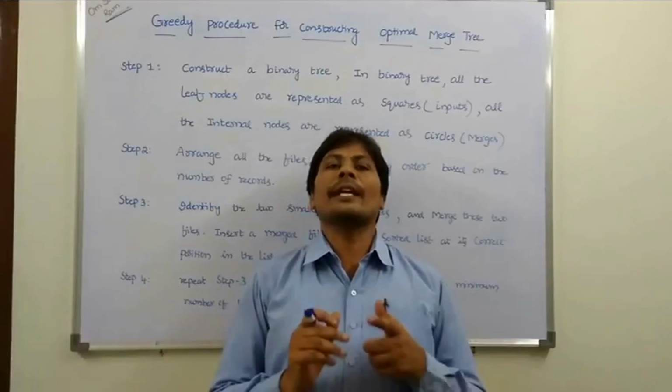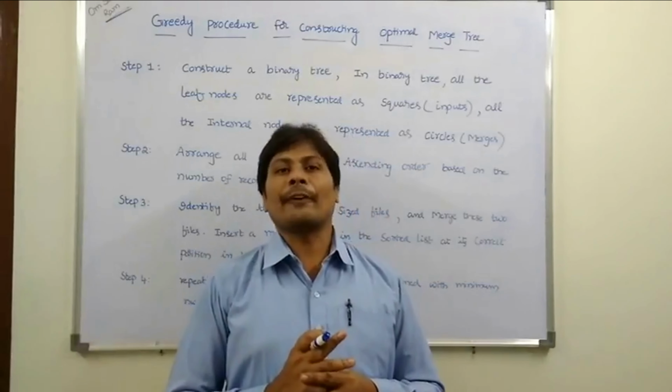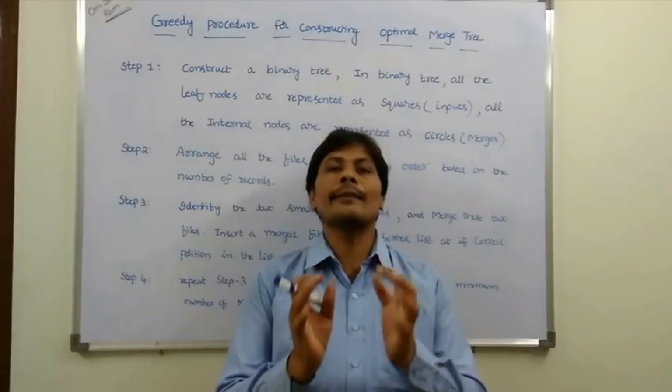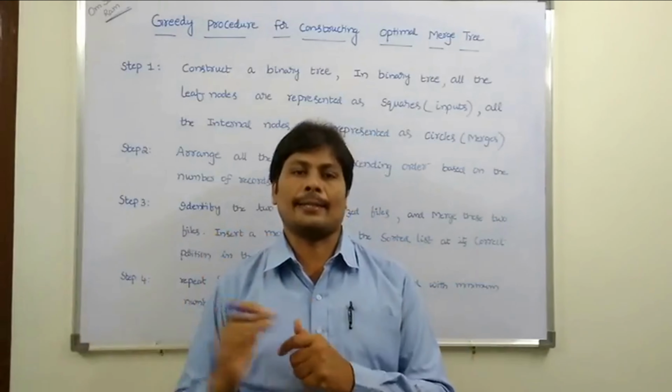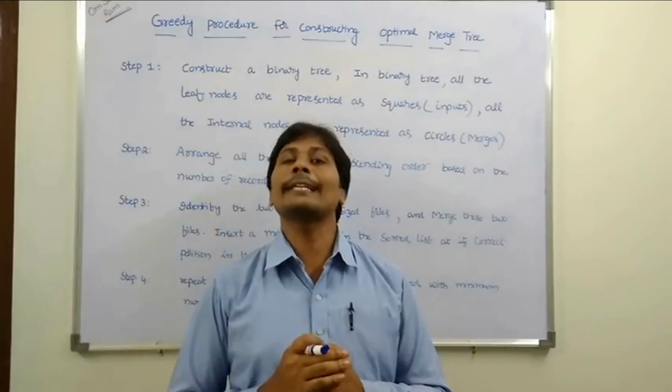After merging, we get a merged file, which is inserted into the list at its correct position. Third, this procedure is repeated until a binary tree is formed with the minimum number of comparisons or merges. Finally, we get the optimal binary merge tree. These are the steps in the greedy method.